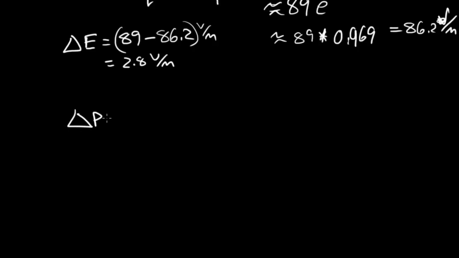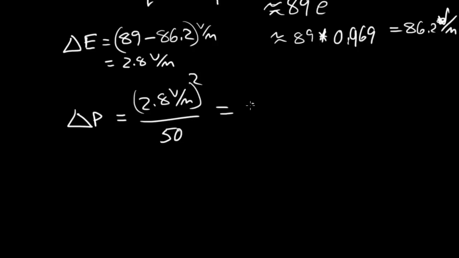Delta P equals 2.8 volts per meter squared divided by the characteristic impedance of that medium, brain, which is 50 ohms, which is 0.16 watts per meter squared. Almost done. We have watts per meter squared. We just need watts. Okay.